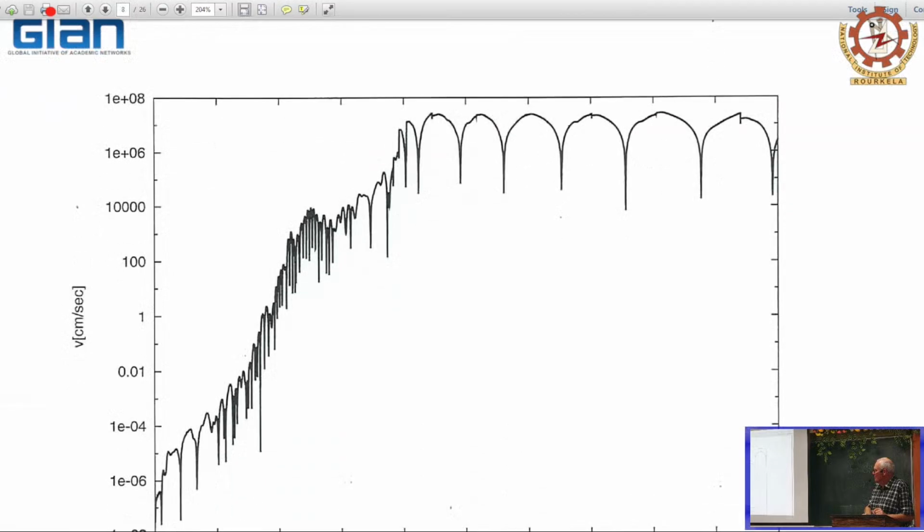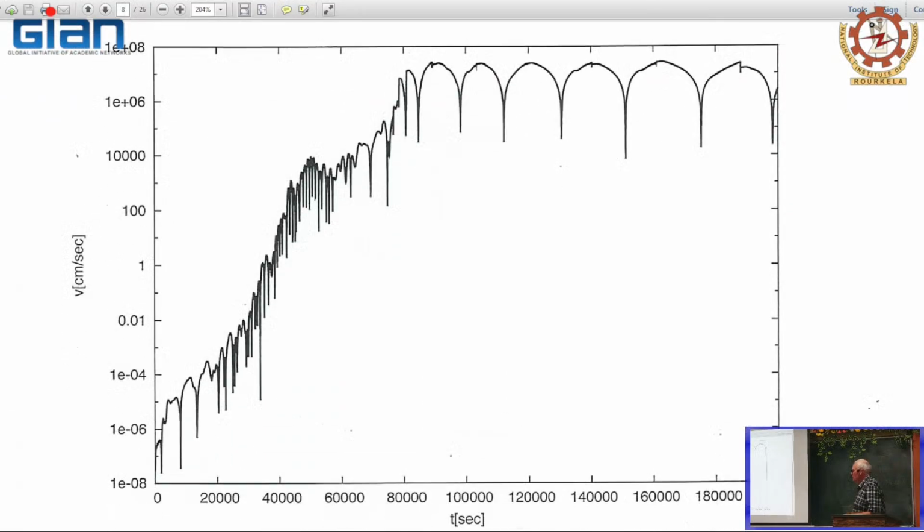Okay, so this is a massive star which has several unstable modes. These unstable modes are superimposed. They give on the mean some kind of exponential growth. We start here with 10 to minus 6 centimeters per second, and this is a superposition of several unstable modes, so we do not get a nice straight line here, because these several modes with several periods and growth rates are superimposed.